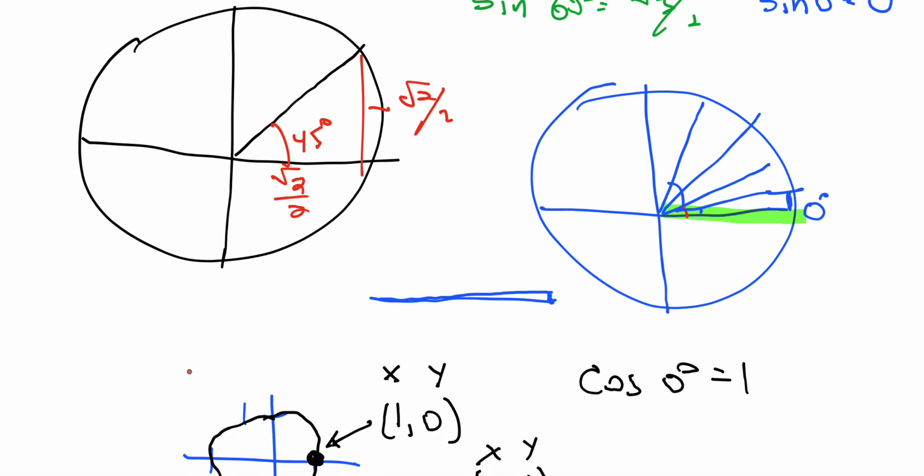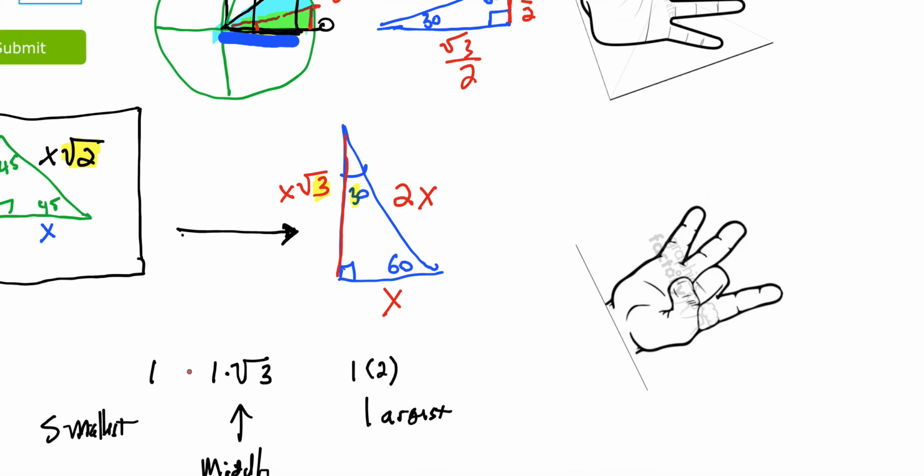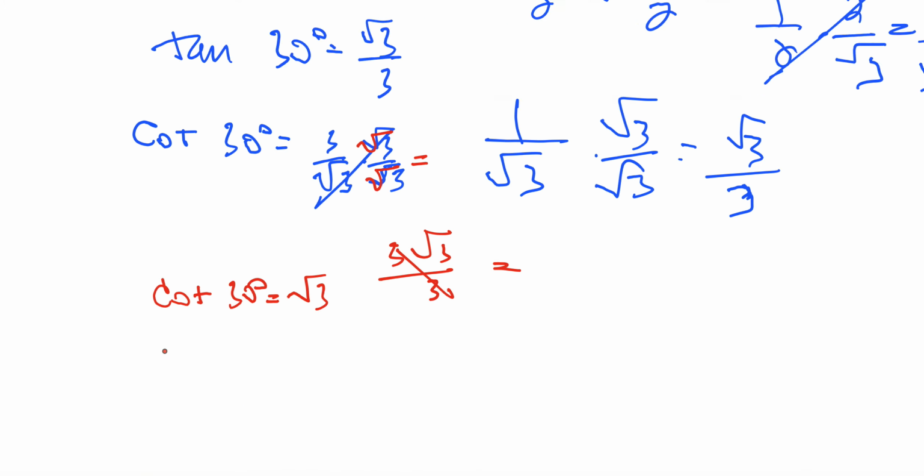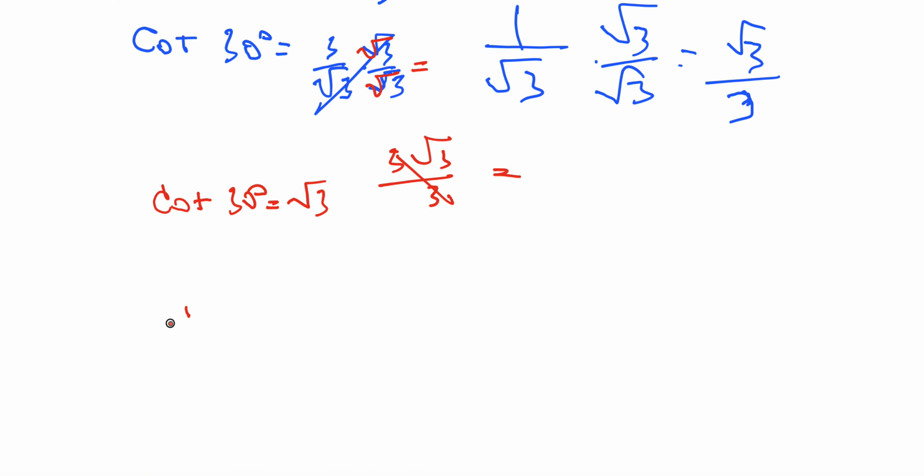So if you have a problem where the cosecant of some unknown angle is root 2. Well, I don't know anything about cosecant. What I do know is that trig exists in an opposite universe.